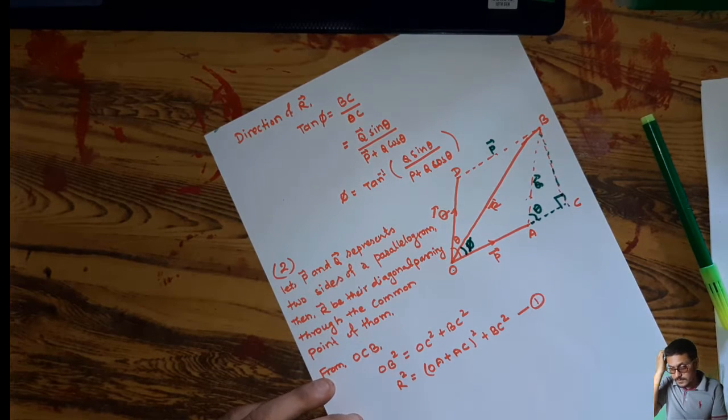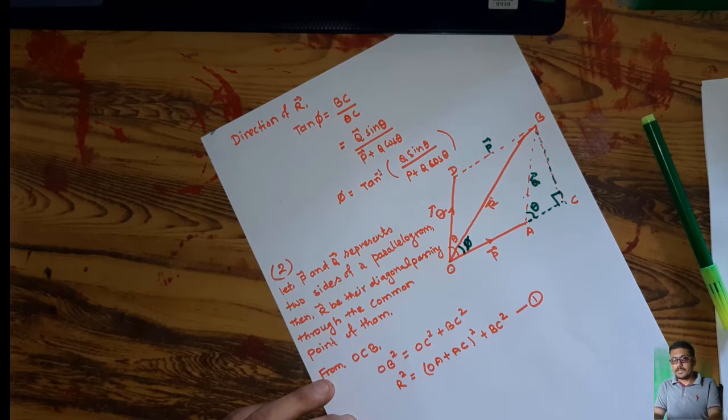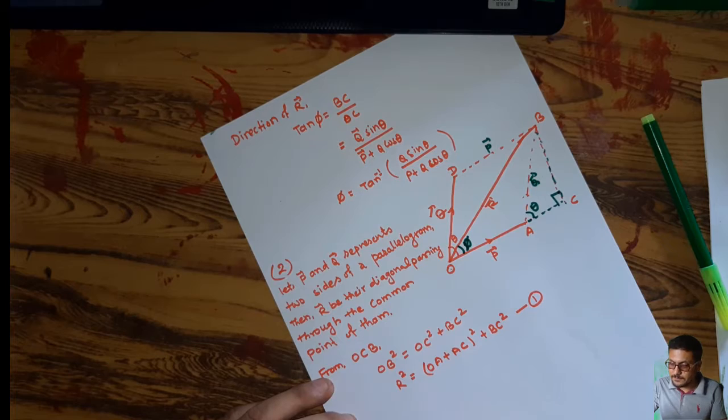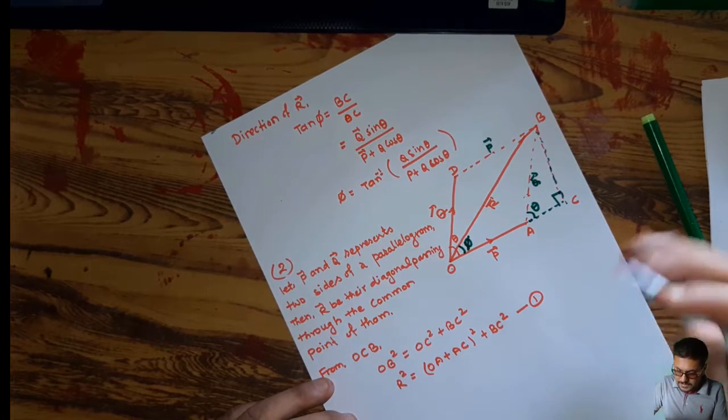This is equation 1. Whatever we had done in number 1, that is the triangle law of vector addition, we can do the same here.